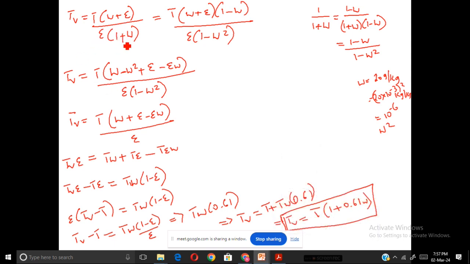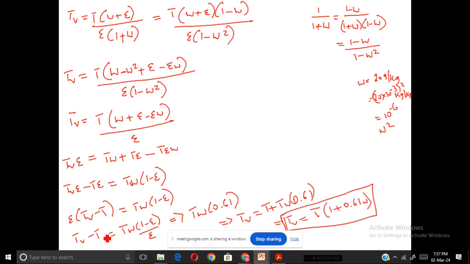this term 1 by (1 plus W) can be written as 1 by (1 plus W) into (1 minus W) by (1 minus W). We multiplied (1 minus W) in both numerator and denominator, so it turned out to the form (1 minus W) by (1 minus W square). We substituted it here and then expanded the bracket.